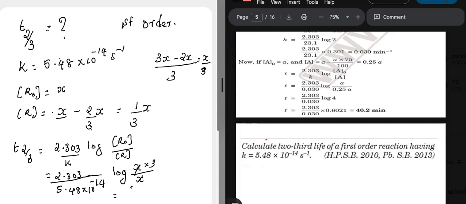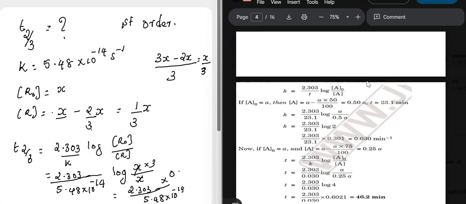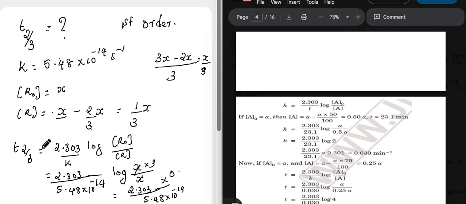So 2.303 by 5.48 into 10 raised to minus 14. Log 3 is 0.4771, I guess. Let me check once again. 0.4771.